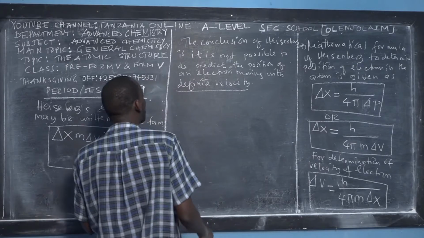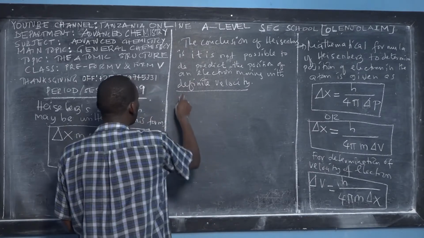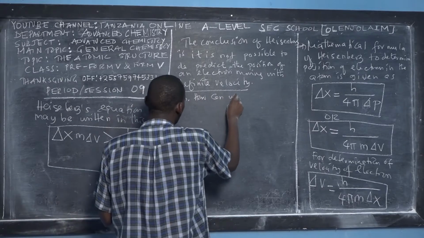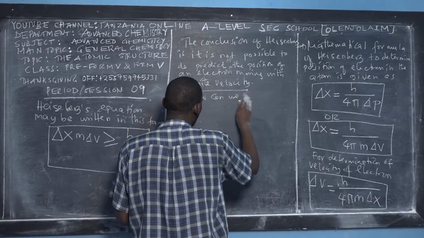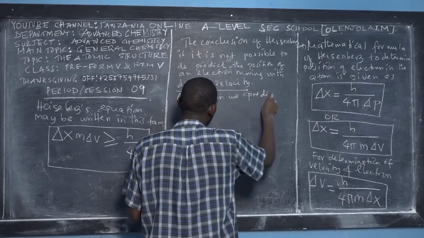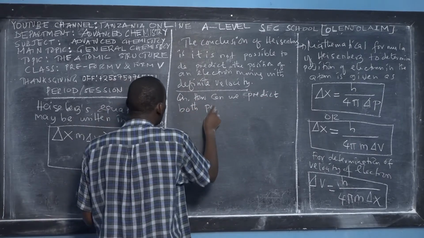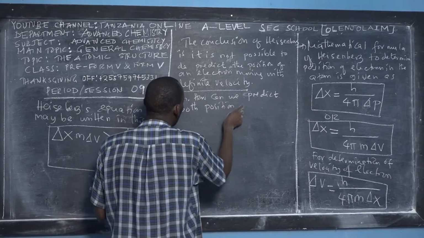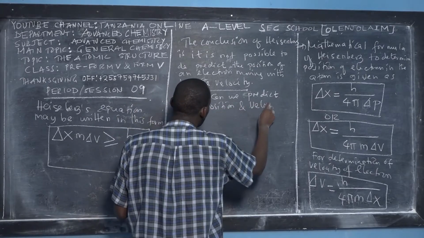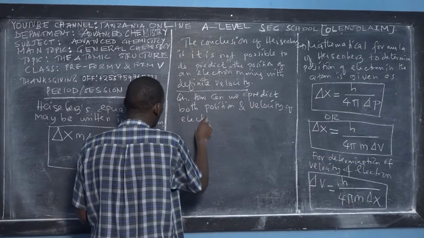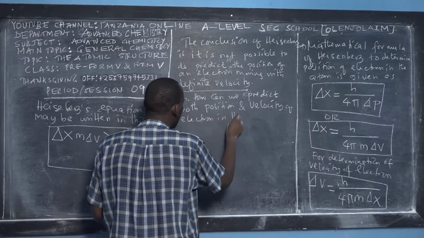So how can we do this? That's the question. How can we determine, or how can we predict, both the position and the velocity of an electron in the atom?